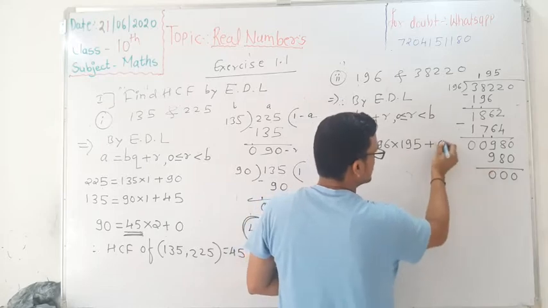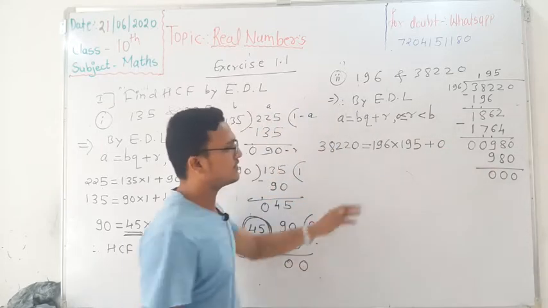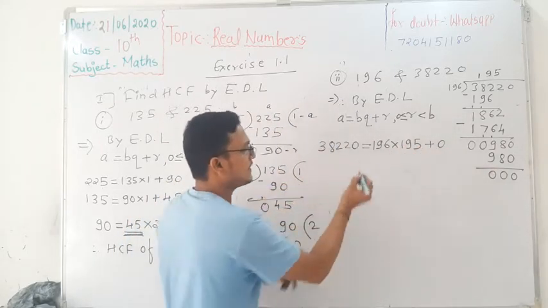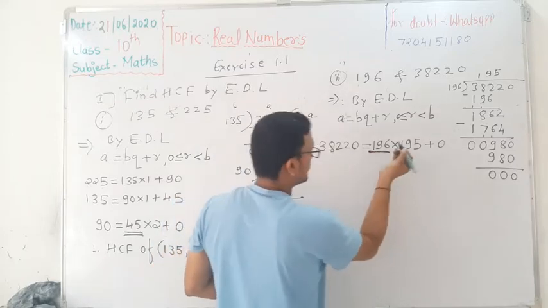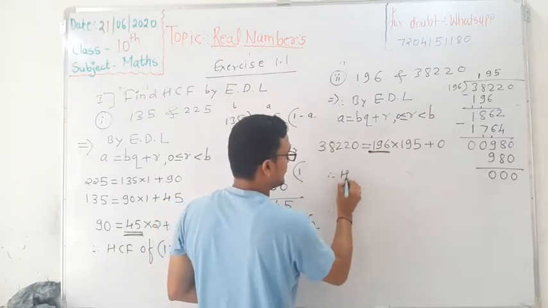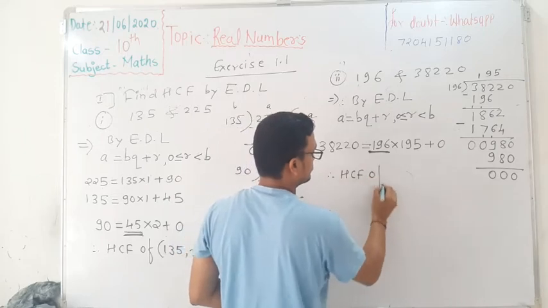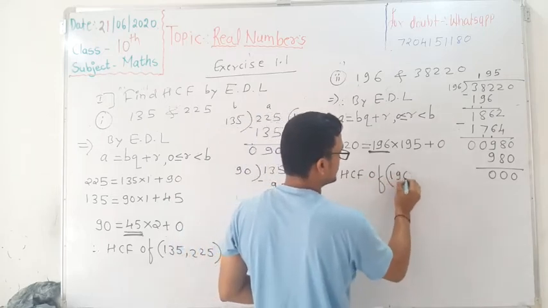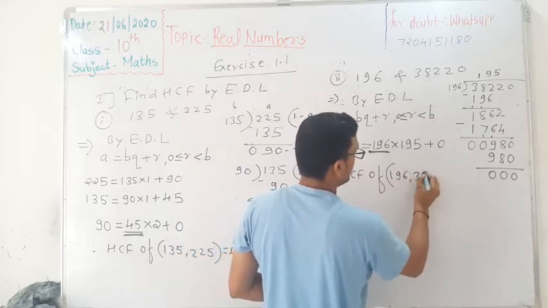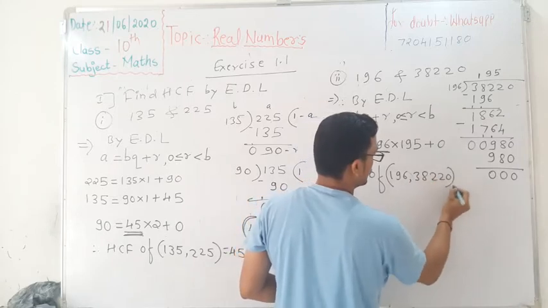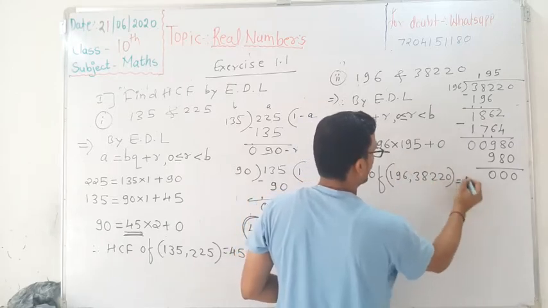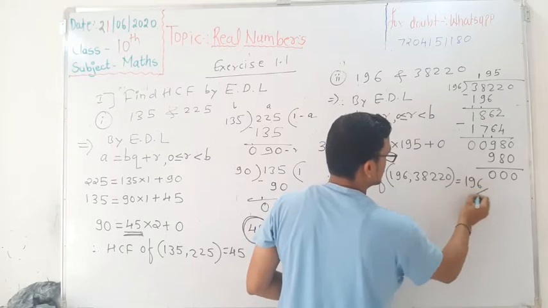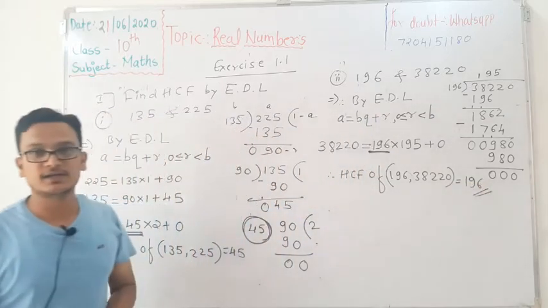So remainder is 0. And as I told you, whenever the remainder is 0, that divisor will be the HCF. So therefore HCF of 196 and 38220 will be 196.